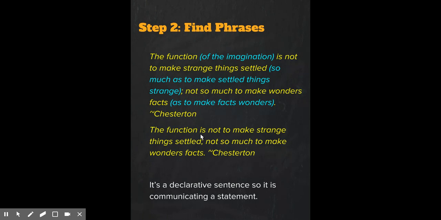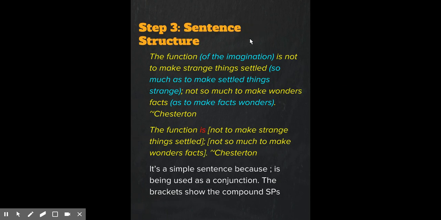So, eliminating what I thought were phrases, let's look at the sentence. The function is not to make strange things settled, not so much to make wonders facts. So, if I went back at the beginning, I might have been confused and thought that imagination was the subject of our sentence. But once I've identified the phrases, I realize that function is the core of at least one element of the sentence. Okay, so now let's look at sentence structure and make sure I don't have more than one core.